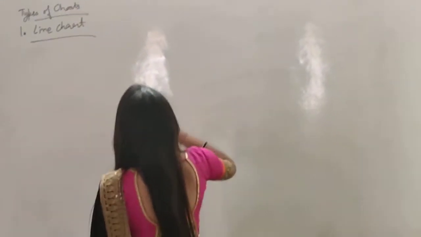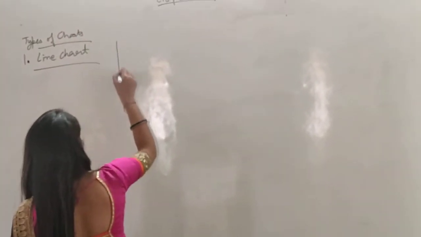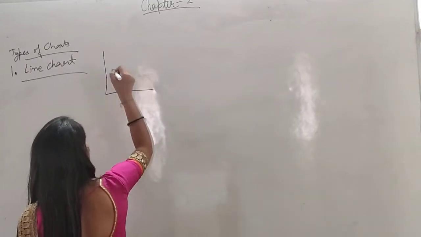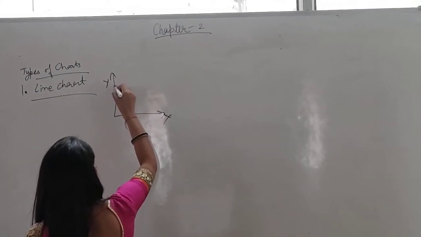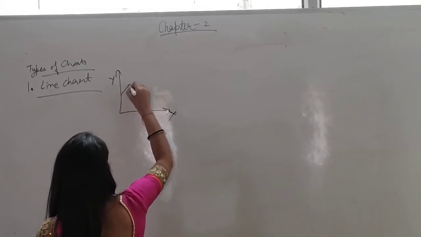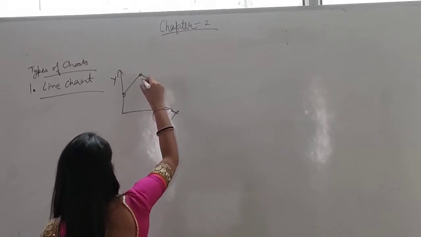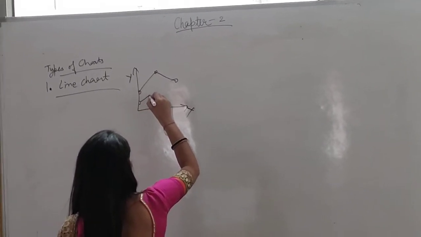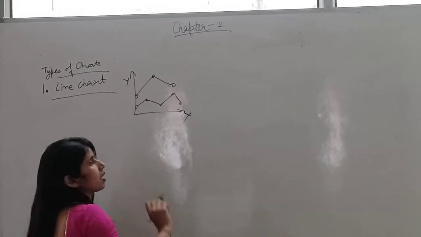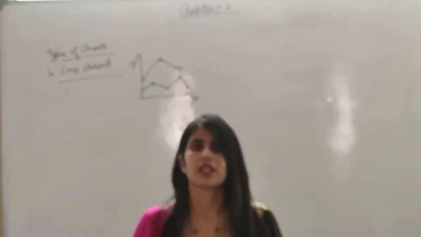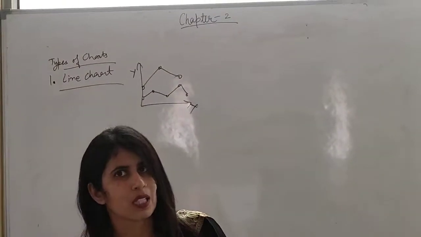So the diagram you can say in this way. This is the x-axis, this is the y-axis, and you are showing the trends in this way. These are the connecting dots. These dots are showing the trends over a time. So this was about the line chart.